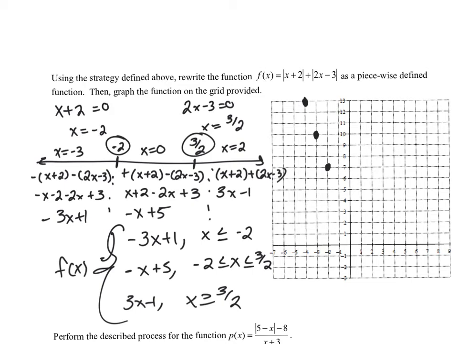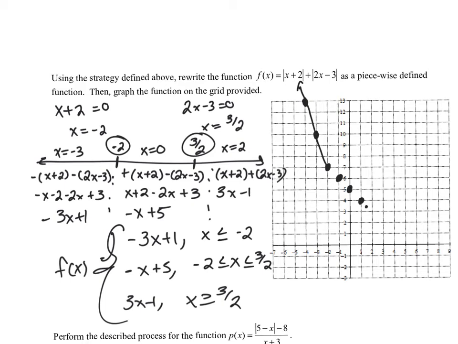And then when x is -1, well, our slope is -1, so we got to go down 1 to the right 1, down 1 to the right 1, all the way to 3/2. So right about here, all right?